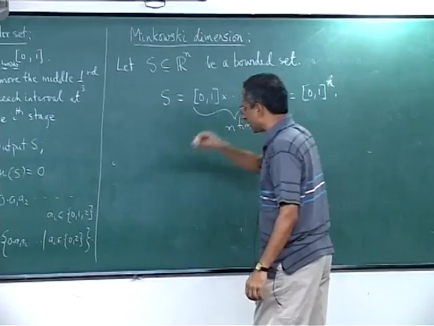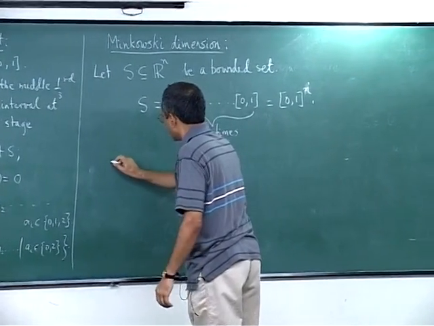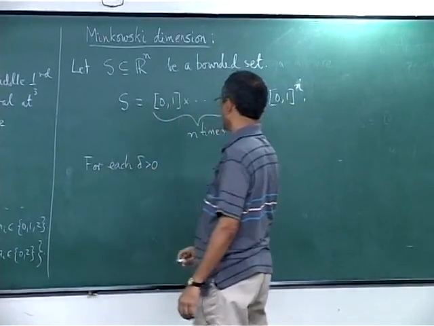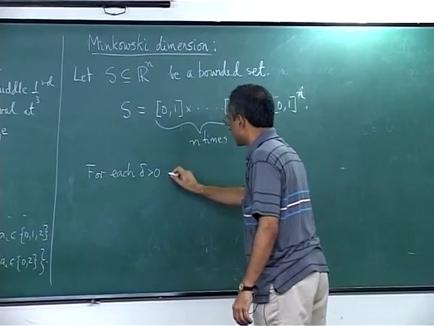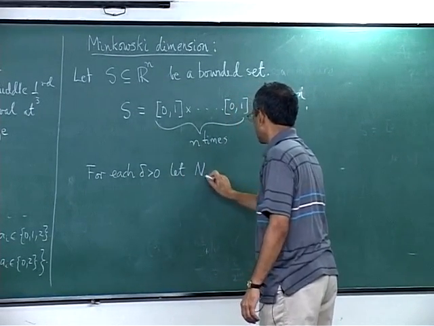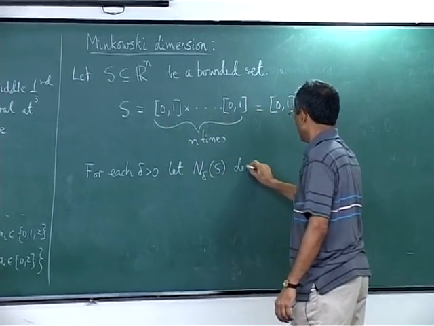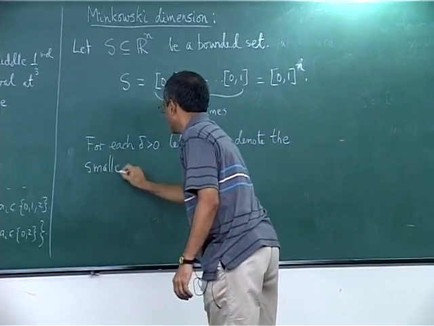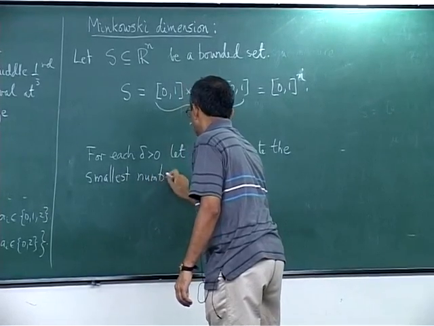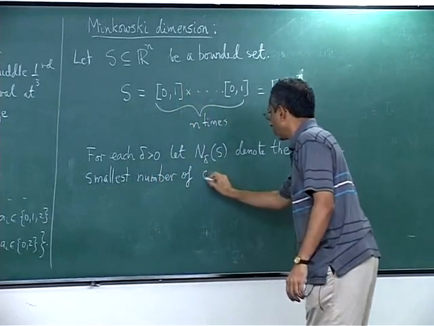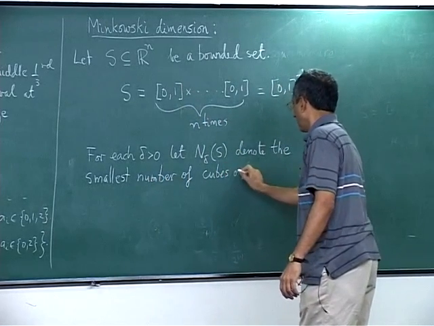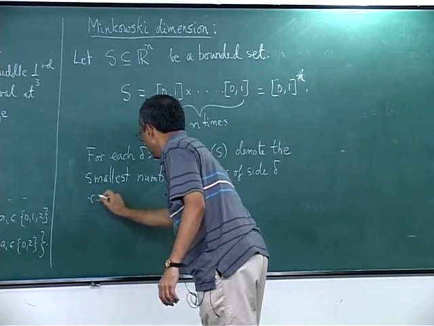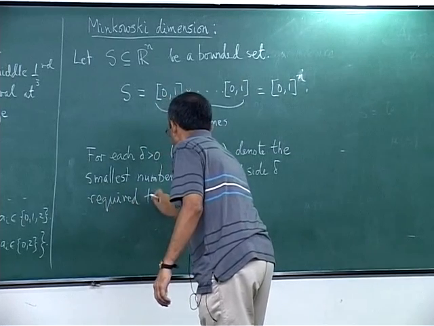Okay, so the way the Minkowski dimension is defined is for each delta, what we want is let N_delta(S) denote the smallest number of cubes of side delta required to cover S.